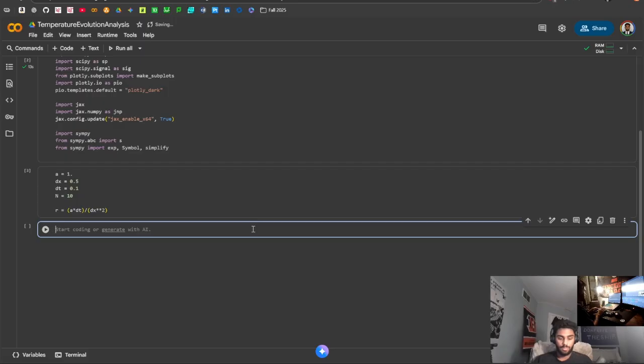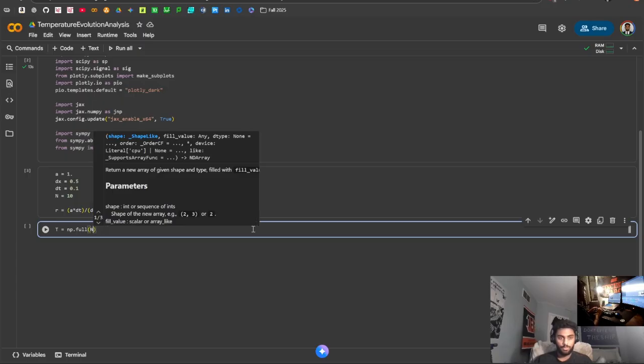So let's set up this T, which is going to be for my temperature profile, and we're going to set that to a full array equal to the amount of different values that we want, and the initial value.